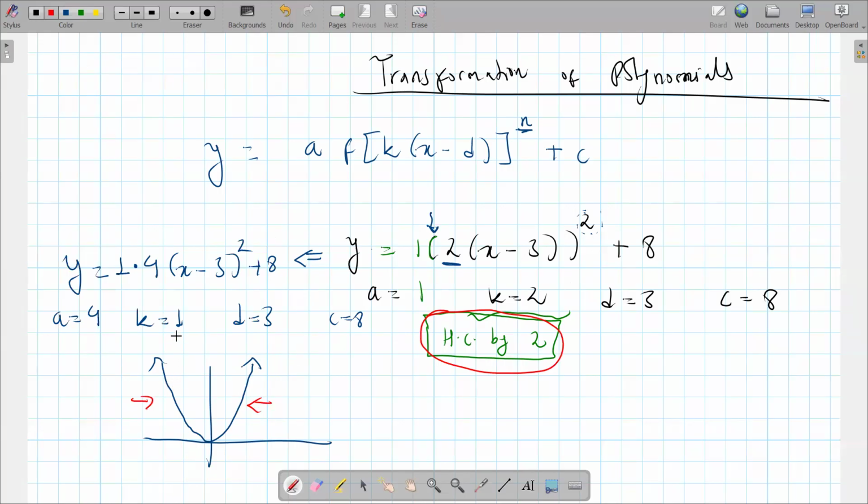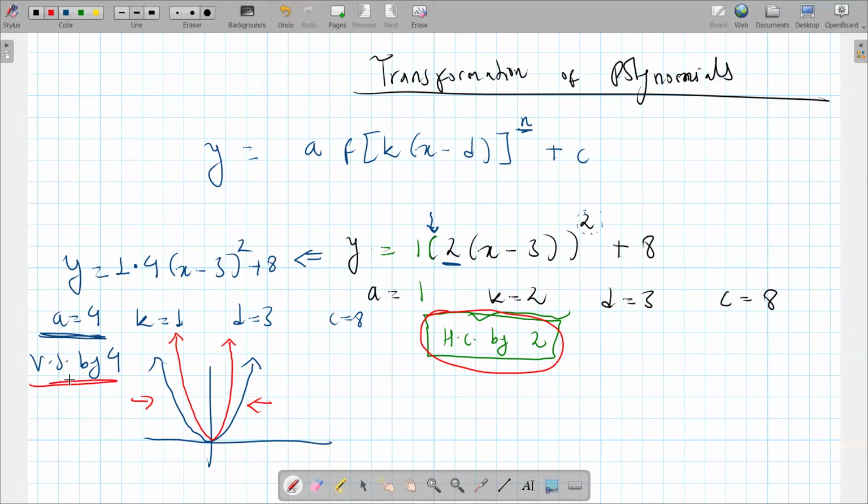So it becomes elongated. Therefore, horizontal compression by a factor of 2 is the exact same transformation as a vertical stretch by a factor of 4. You see that?